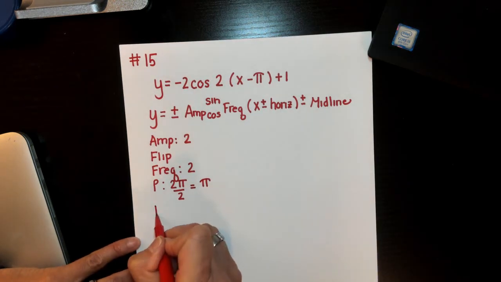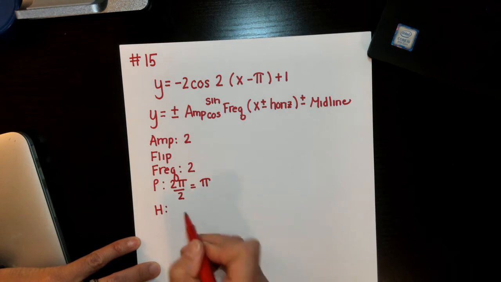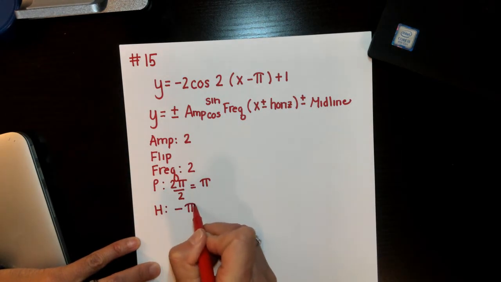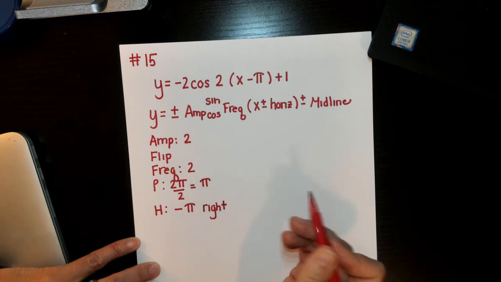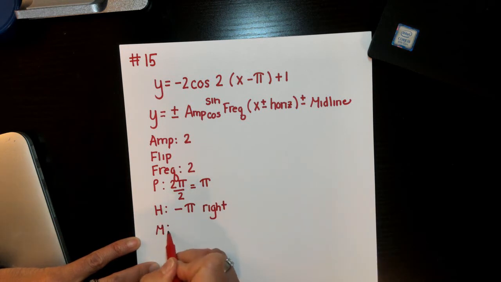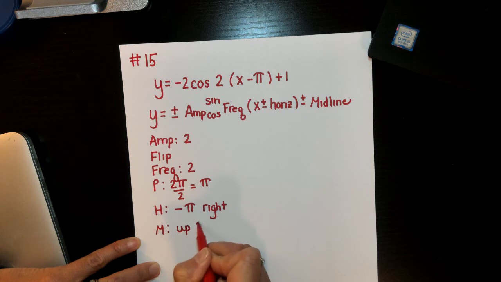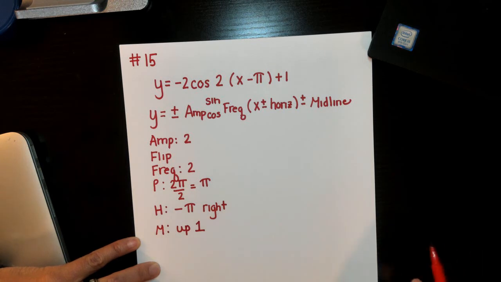Our horizontal shift is to the right pi, and our midline is up 1, or at positive 1.